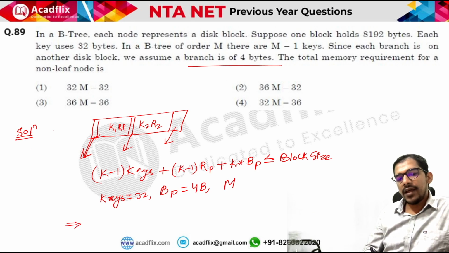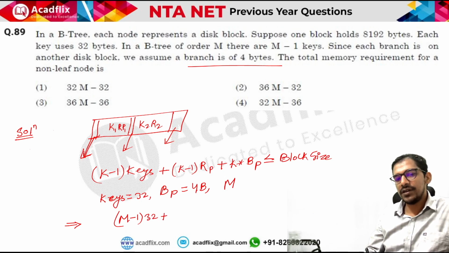So we have m minus 1 keys, and the size of each key is 32 bytes. Plus we have m minus 1 record pointers. Because the record pointer size is not given, this will become 0. Then we have m times the block pointer, which is 4 bytes, and that should be less than or equal to the block size, 8192 bytes, right?